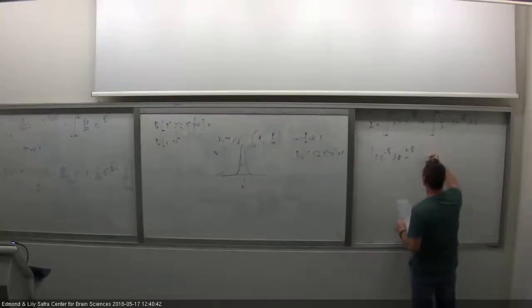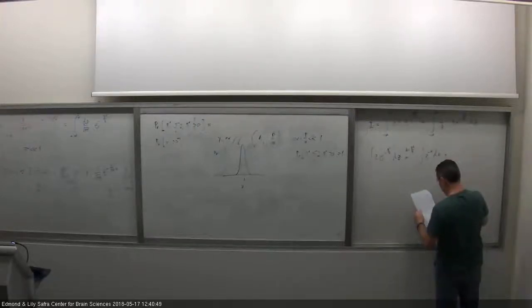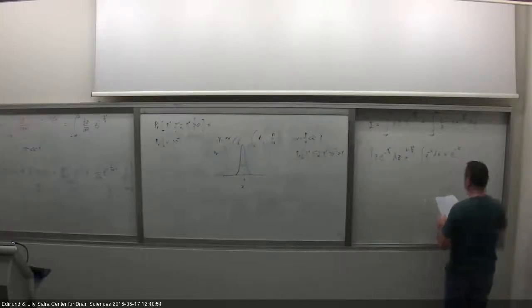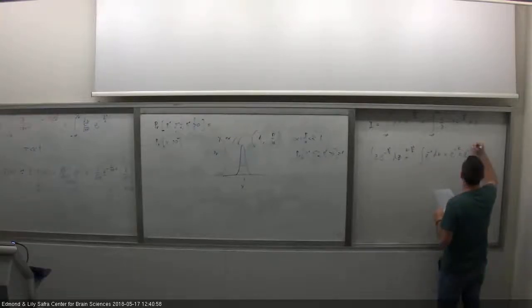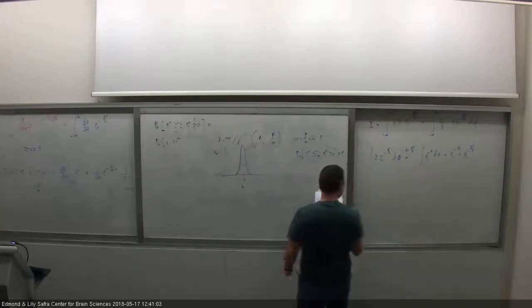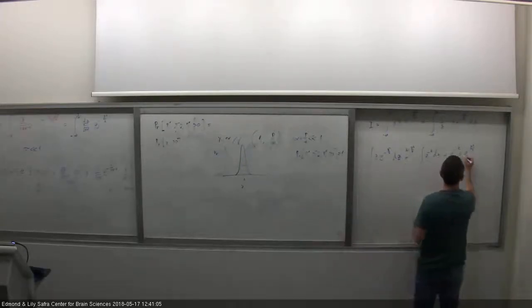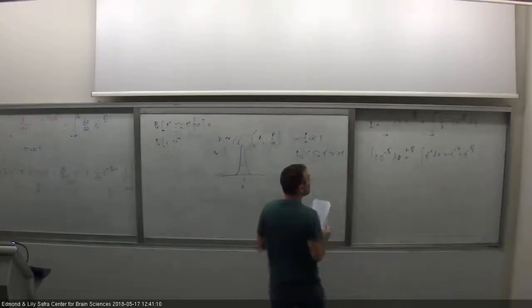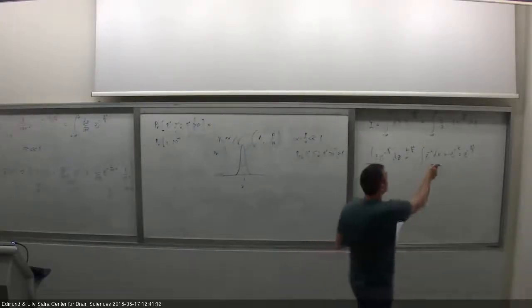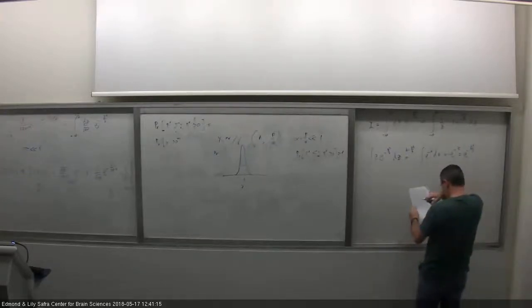So this would be the integral of e to the minus k dk. This is equal to minus e to the minus k. So this is the first term.